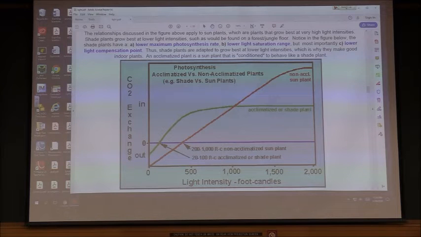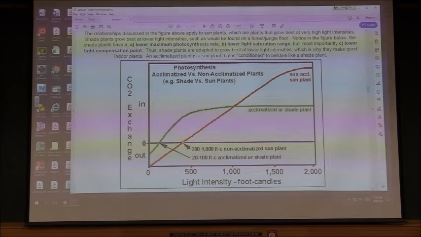Which type of plant naturally has the lowest light compensation point? Why? Because where the photosynthesis and the respiration lines cross is higher for a sun plant than it is for a shade plant.